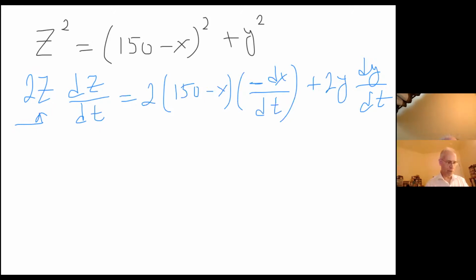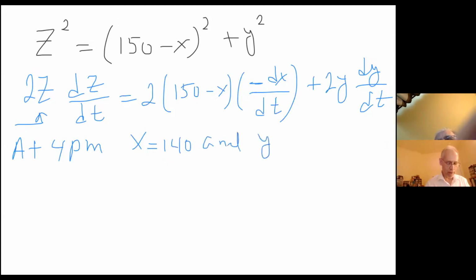So we know that at 4 p.m., that is in 4 hours, my x equals 140 and my y equals 100. Remember that 4 times 25 kilometers per hour is 100, and 4 times 35 is 140.